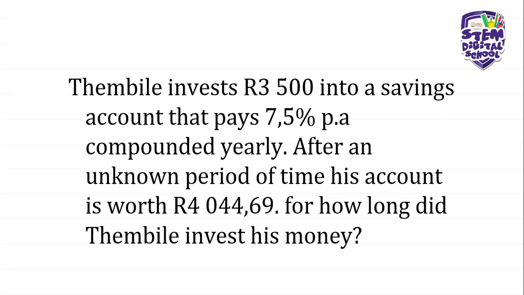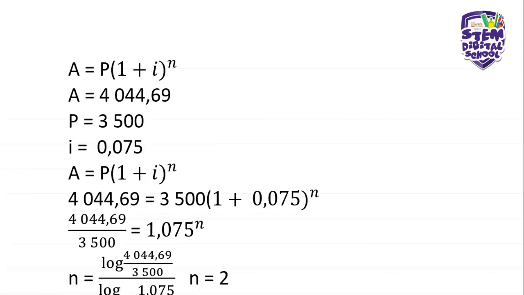Now, you will see that, as I've indicated, you once again use the same formula for compound interest. And then where there is A, you put 4,044 rands and 69 cents. And where there is P, you put 3,500 rands.